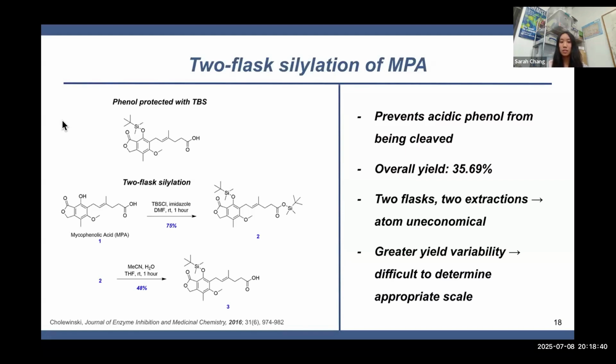While this may not pose a significant issue in a small-scale academic fume hood, on the industrial kilogram or dozens of kilogram scale, this poses a significant financial, environmental, and atomic cost. Also, as the multiple purifications required multiple transfers of the reaction mixture, the yield variability was increased, making the procedure less scalable.